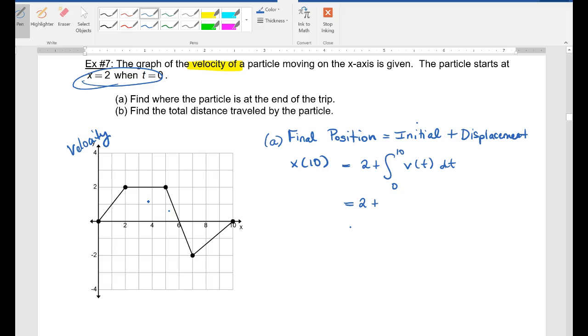So I have 2 plus, well, let's see, what's this area here? I don't care how you figure it out, do you want to do a trapezoid? 1/2 times the height, base 1 is 6, base 2 is 3. It doesn't matter. And then the next one's going to be minus 1/2, the base is 4, the height is 2.